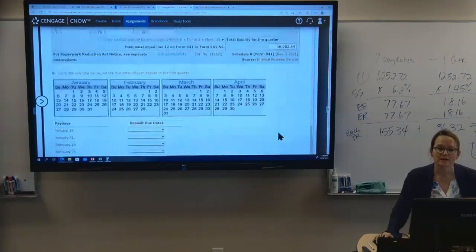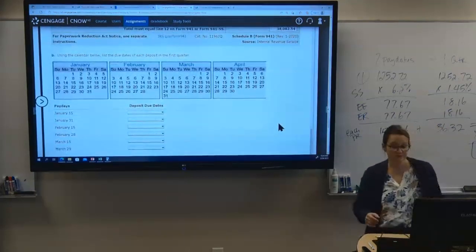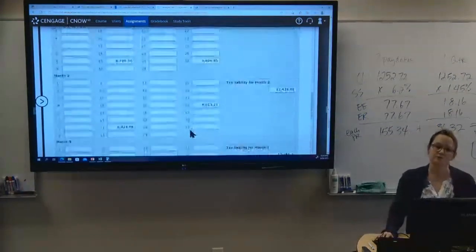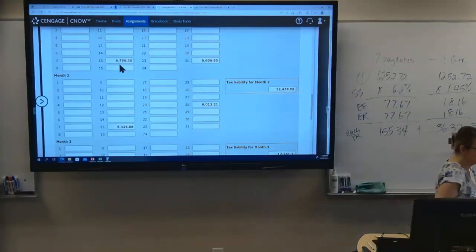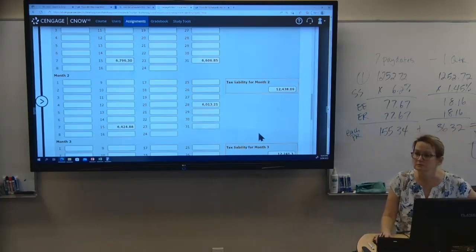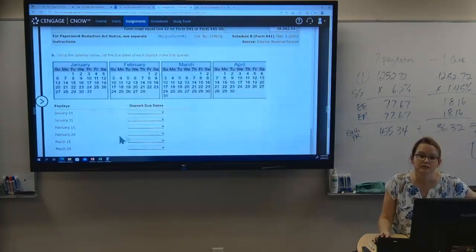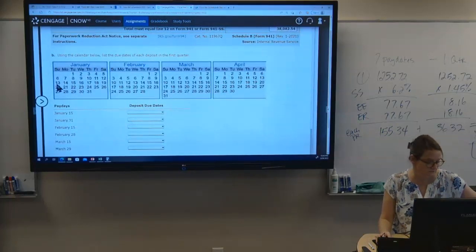All right. And then they want to know when they would have made the deposits. Now, on the Schedule B, the dates that you're using are not the deposit dates, but the liability dates. So the date that the actual liability was incurred, which would be the payday. Okay. So January 15th was a Tuesday. Does anybody remember when we do this? So Tuesday, would we do on the 18th? All right, January 31st was a Thursday.